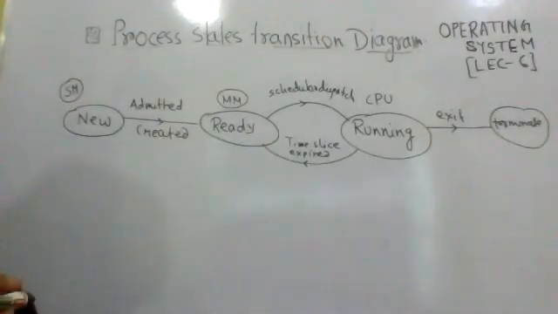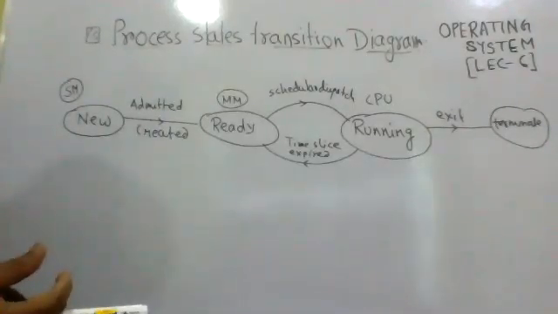If we use the round robin algorithm, which we will study a few lectures later, then for each process there is a particular time slot. This is called time slice or sometimes time quantum.